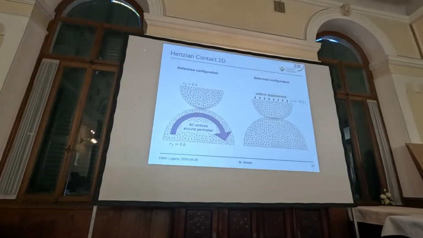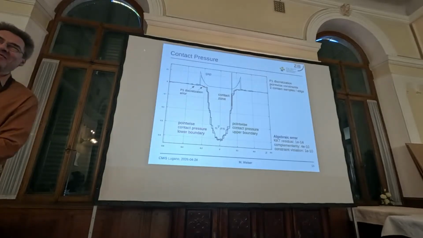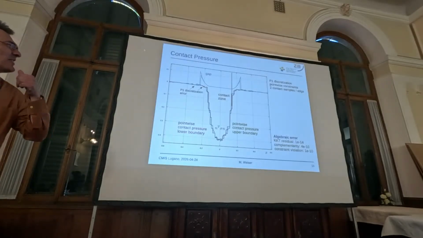So let's look at some numerical examples. The first thing you do is some kind of Hertzian contact on these meshes. This is just 60 vertices around the perimeter, so not particularly large. And we can look at contact pressure. This is pointwise contact pressure, and Rolf repeatedly tells me that one should not do this, but I find this quite instructive, so I nevertheless do this.